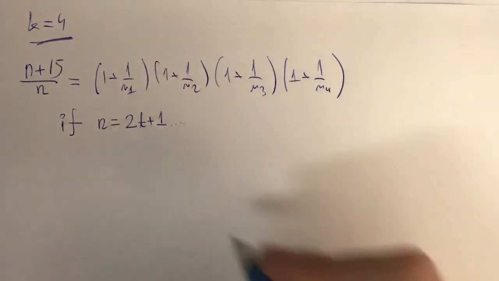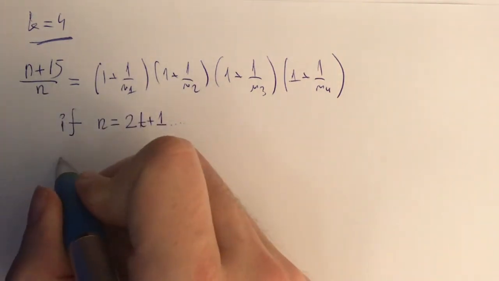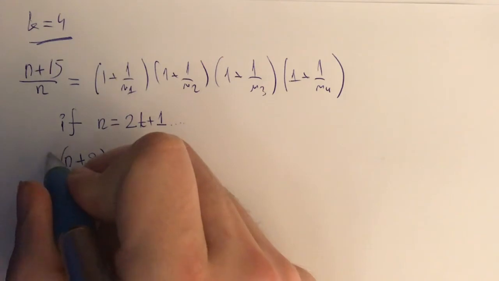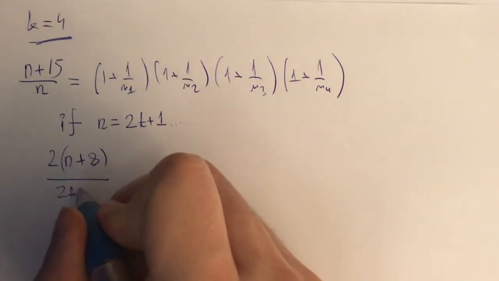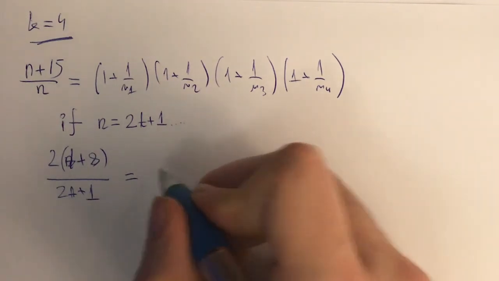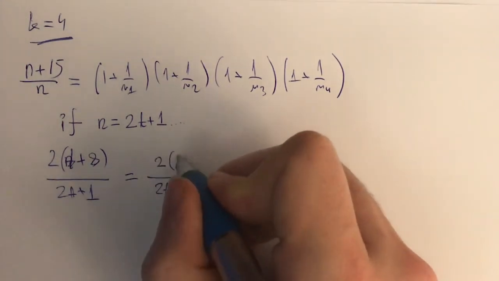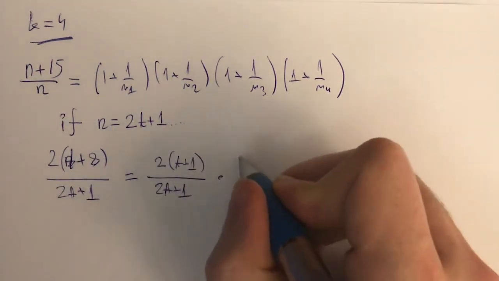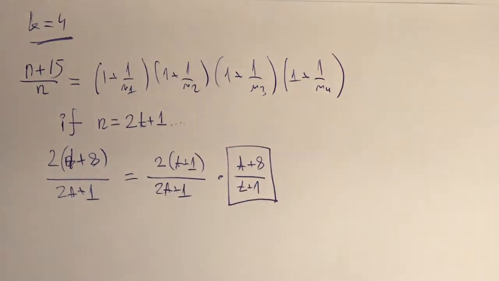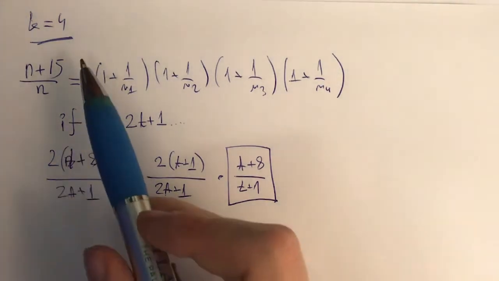If n is 2t plus 1, then the numerator is twice (n plus 8), and on the bottom we have 2t plus 1. Now we write this as (2t plus 1) over 2t plus 1, times 2 times (t plus 8) over (t plus 1), and (t plus 8) over (t plus 1) we already have via the case k equals 3.